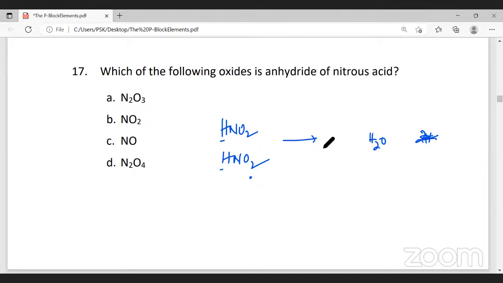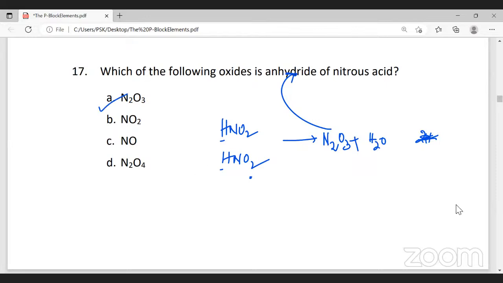Now, what else is left out? We have 2 nitrogen and 3 oxygen because one reacted already with water. N2O3 is the anhydride of nitrous acid. Hence, the answer is option A.